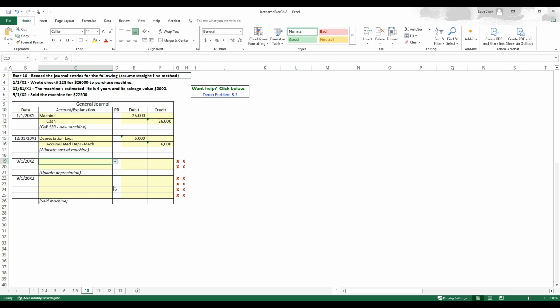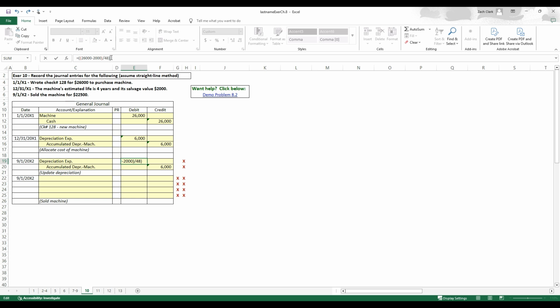So now let's do the same, actually copying and pasting just to make this easy. And now it's a 4-year life, so we're going to do dividing by not 4, but 48 months. So we want to get monthly depreciation first of all. So basically what we're trying to do in this entry is update our depreciation before we record the sale.